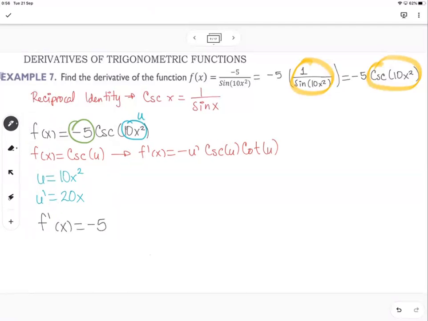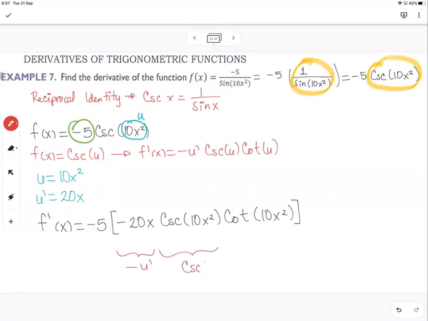Paste the constant, -5 times negative 20x times cosecant of 10x squared times cotangent of 10x squared. Remember, I'm just following the rule. This is minus u prime cosecant of u cotangent of u. Okay.